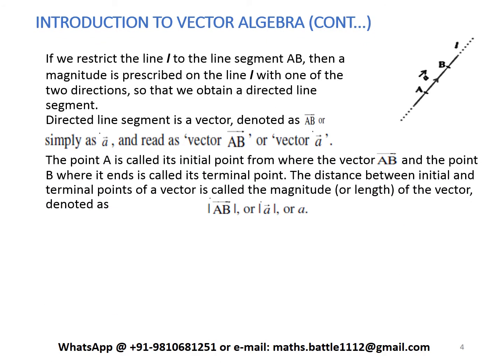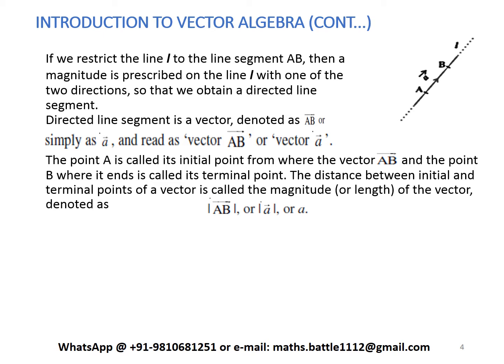If we restrict the line L to the line segment AB, then a magnitude is prescribed on the length of L with one of the two directions, so that we obtain a directed line segment. A directed line segment has magnitude as well as direction.